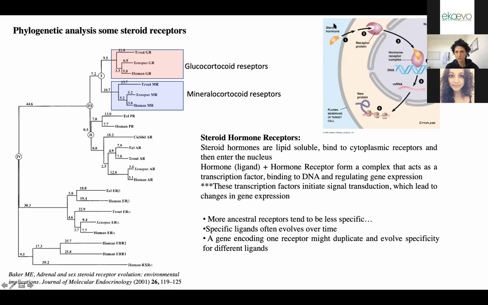This is a steroid hormone, and after crossing the cell membrane and the cytoplasm, it attaches to a receptor protein inside the cytoplasm. The receptor and hormone complex moves to the nucleus.